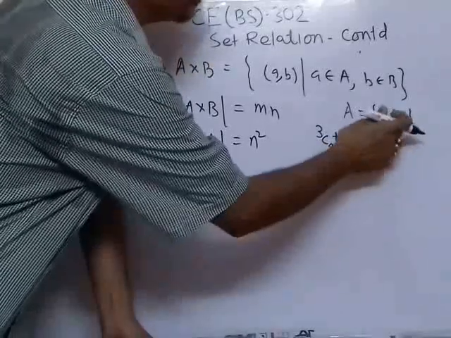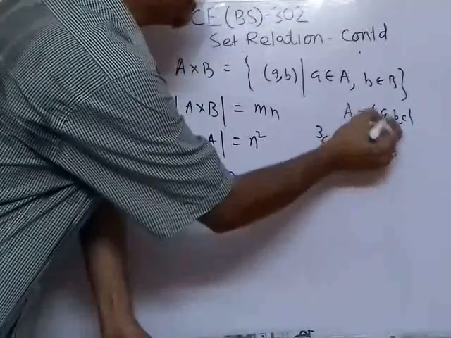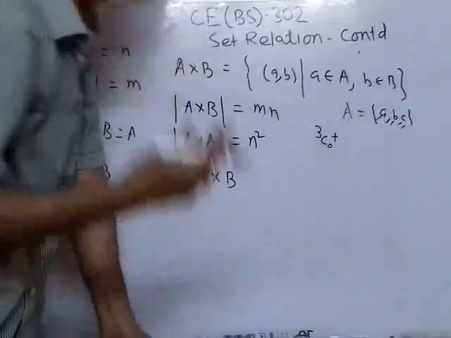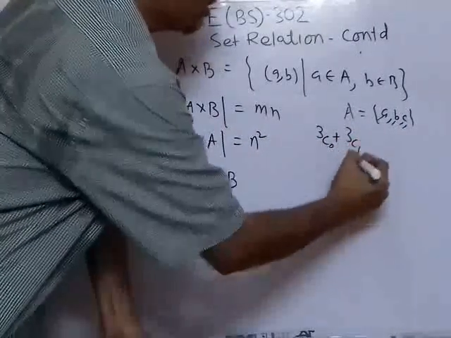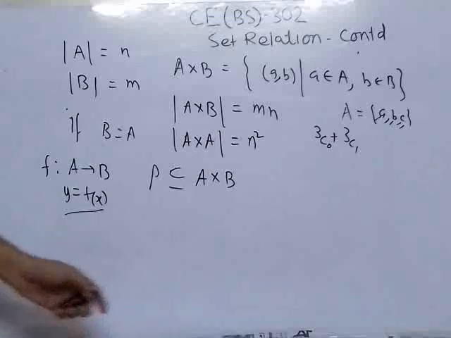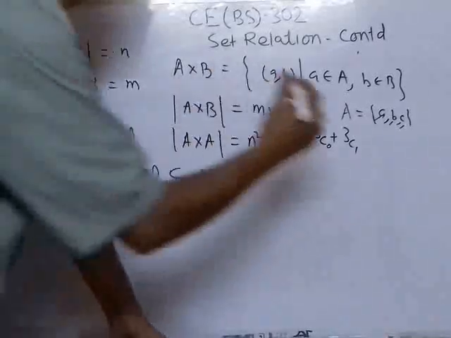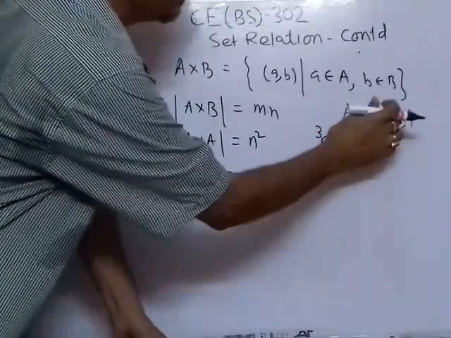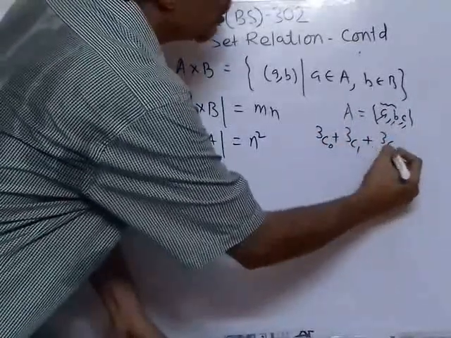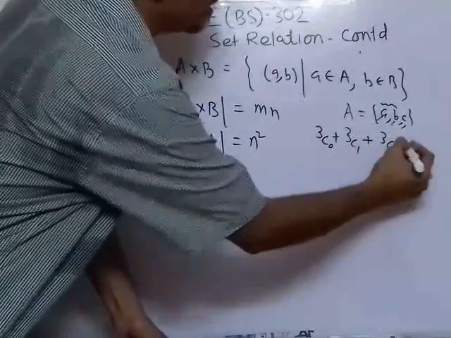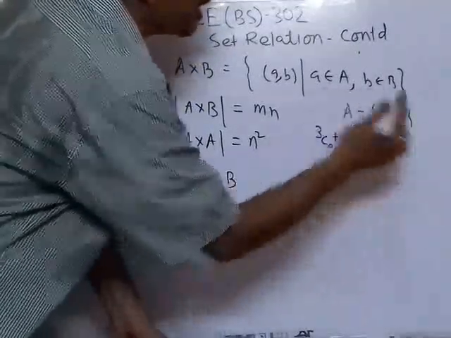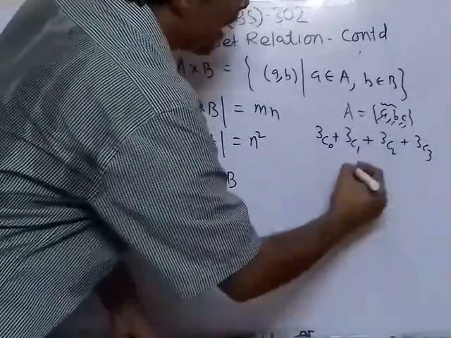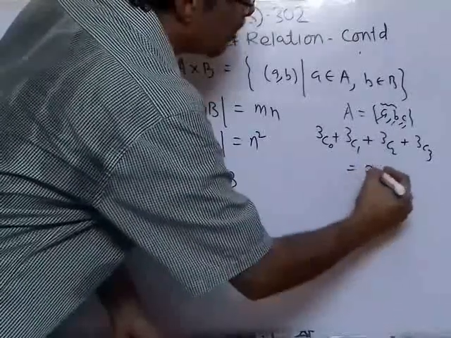Then taking one element at a time, I can take a, b or c, so 3 ways, that is 3C1. I am taking the subsets in all possible ways. 3C0, 3C1, then taking 2 elements at a time, ab, ac, bc, so 3C2, and finally taking all the elements at a time, that is taking A itself, 3C3, and this I know is equal to 2 to the power 3.